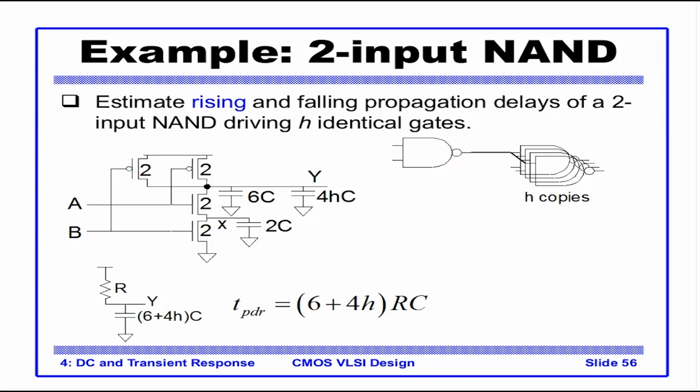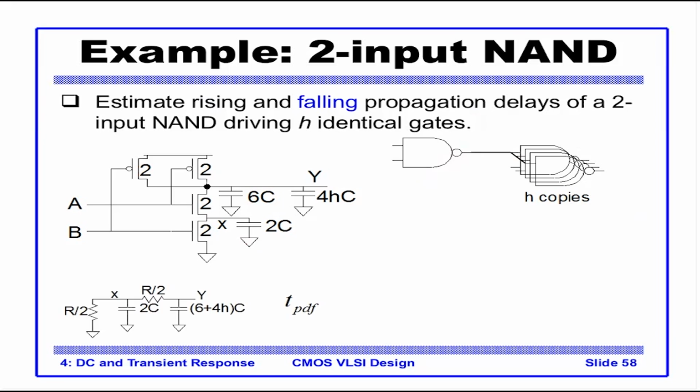Now let's look at the falling delay. In the case of falling delay, the circuit seen is only the pull-down part. So again 6C plus 4HC, and we'll see a 2C at the gate, and this 2C.